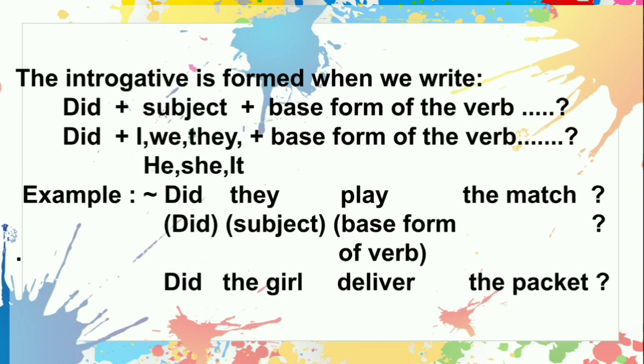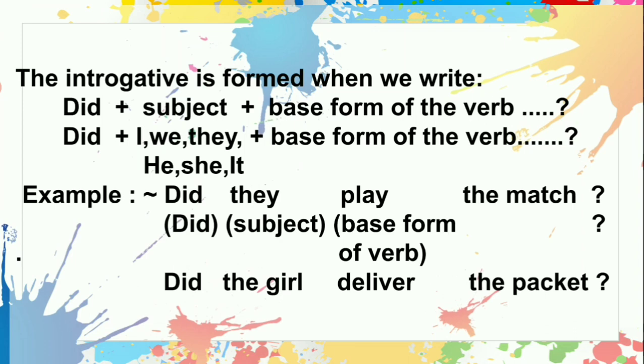Let me see an example. Did they play the match? Here, did, they is the subject, play is the base form of the verb, and the match, and the important question mark.